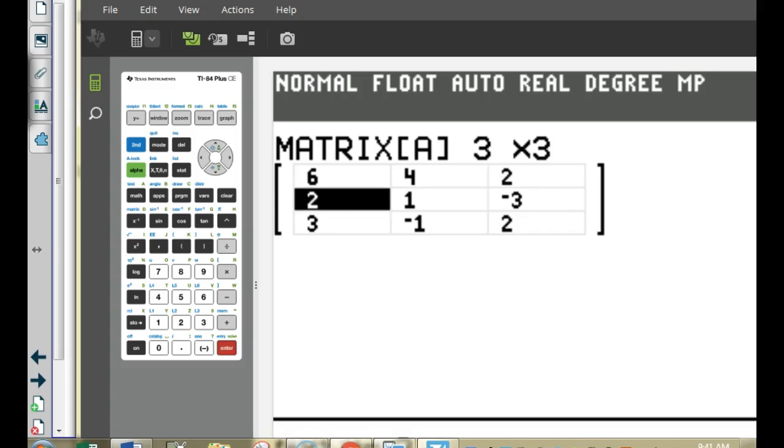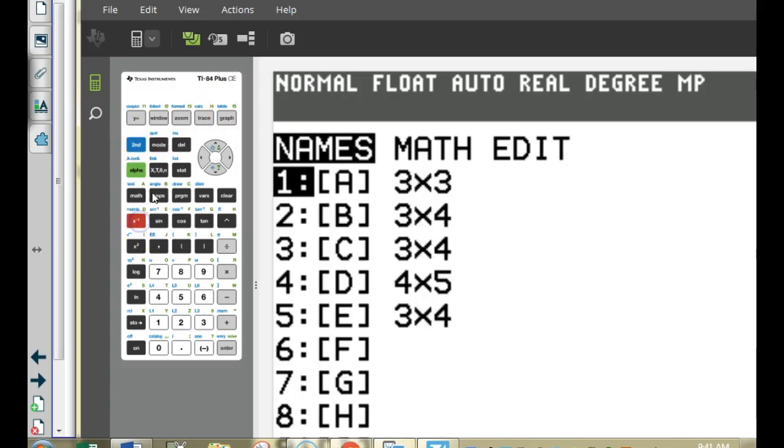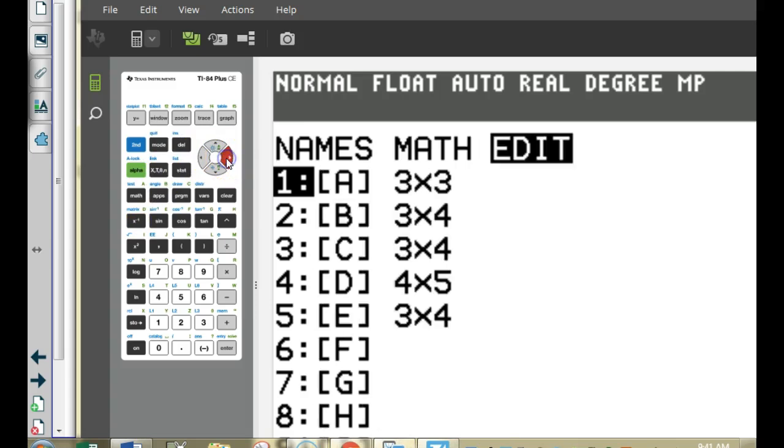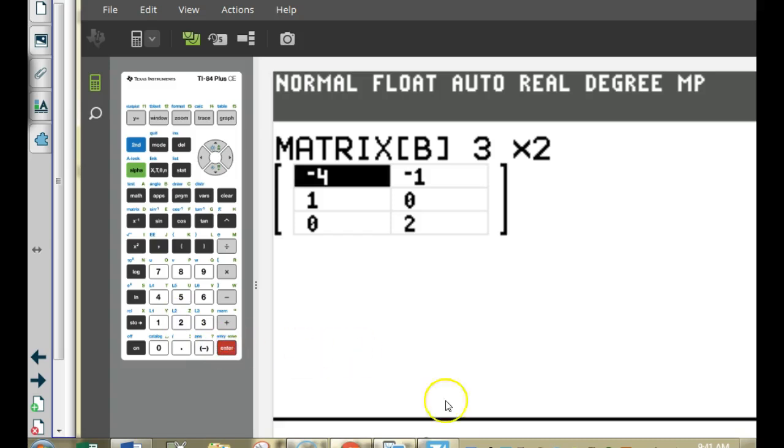Someone read me the second row. 3, 5, 1. 2, 4, 6. Excellent. Okay. Then I go back in, and I got to be careful to go to matrix B. And this one was a 3 by 2. All right. Can anybody read me the percents?